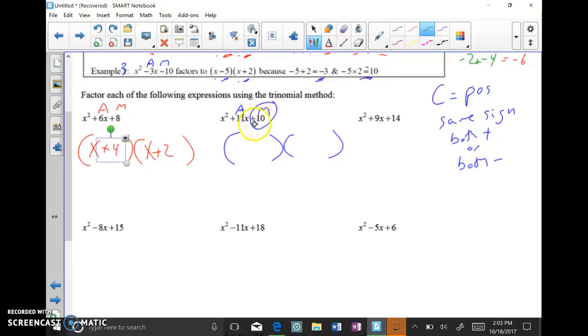So if they multiply to positive and add to positive, you're looking for two positive numbers. If they multiply to positive but add to negative, like this example down here, I must be looking for two negative numbers. That's helpful sometimes in figuring that out.